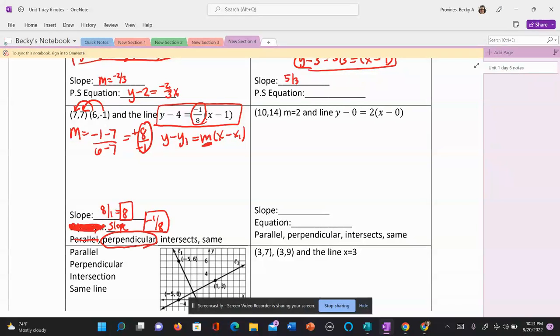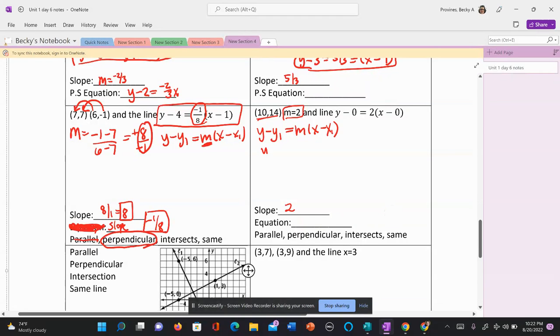Okay, next one. Let's find the slope. Okay, well, look, right there's the slope. And they give you this. So my given slope is 2, and I need to write an equation. So if I have a point and I have a slope, I'm going to use point slope form, which is y minus y1 equals m, x minus x sub 1.